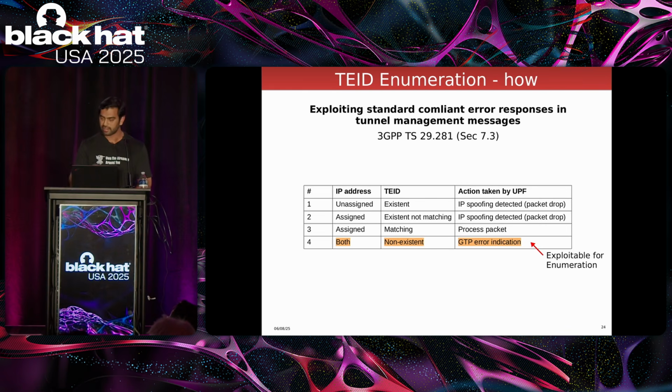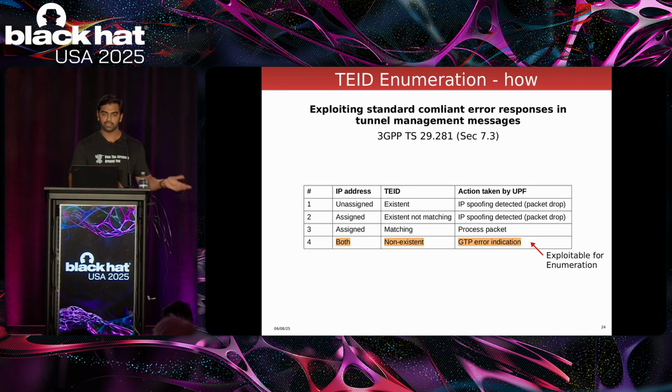So in that case, you want to learn what the existing data sessions are, or which handsets are currently connected to the network. You want to enumerate with the same protocol tunneling technique to identify the internal identifiers, because I said there is something called the tunnel endpoint identifier. This is an identifier that's unique for everyone, and randomly generated for every data packet that you're sending. So this is something internal.